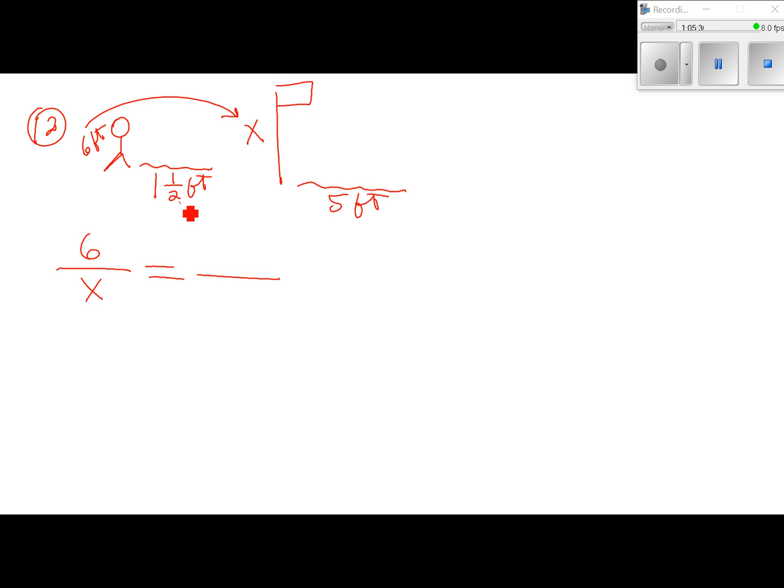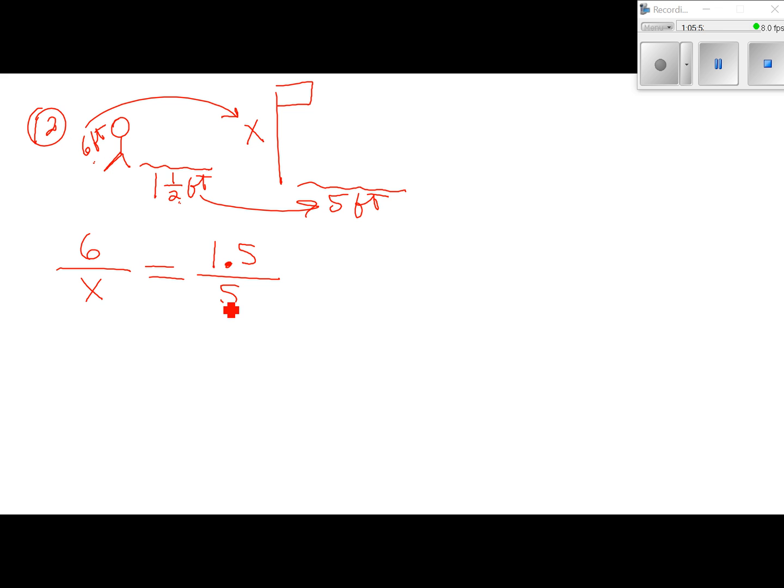With 1.5 feet, that's 1 foot 6 inches. But we probably don't want to change it to that, and we don't want to change it all into inches, because then that's going to mess up stuff. So with 1.5, you could just leave it as 1.5, and that's going to be all right in this case. And it matches up to 5 feet.